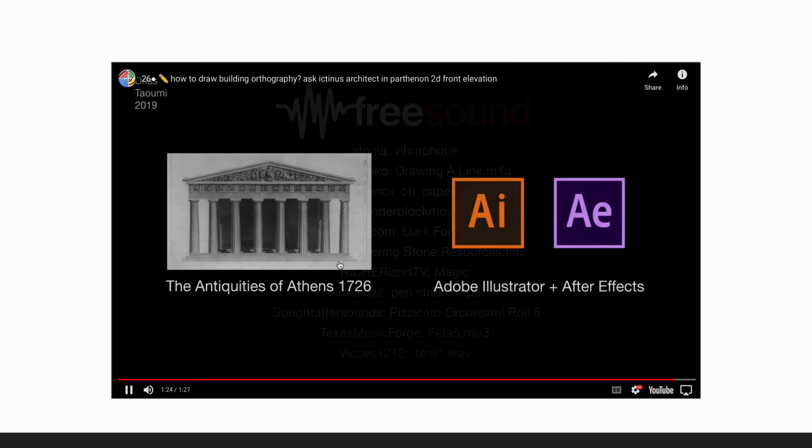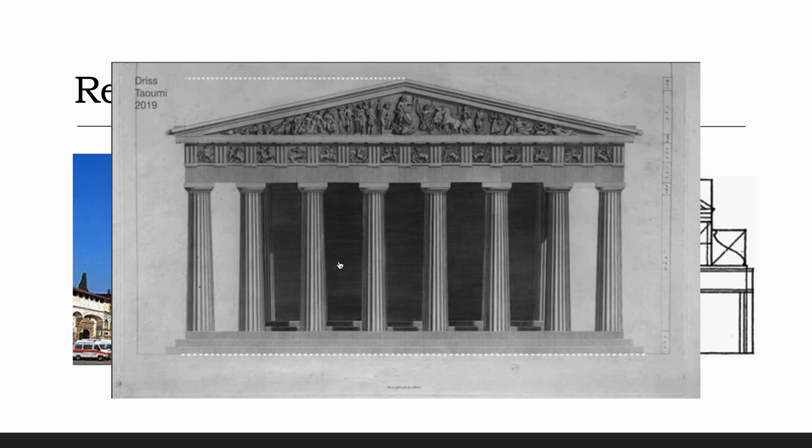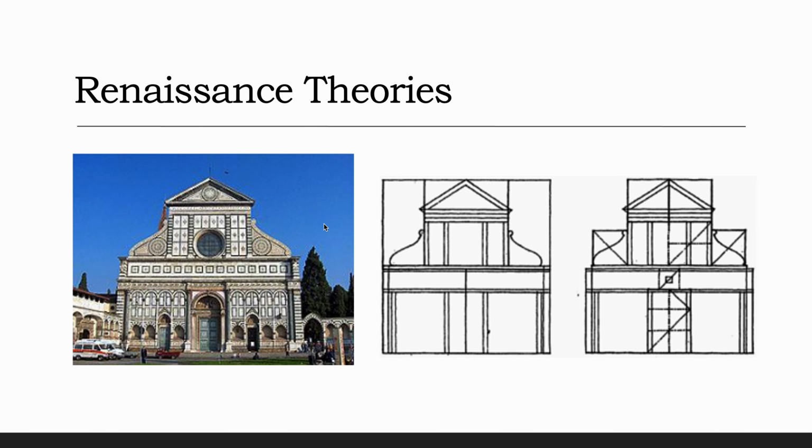So there you can see some of those laws in action right there.